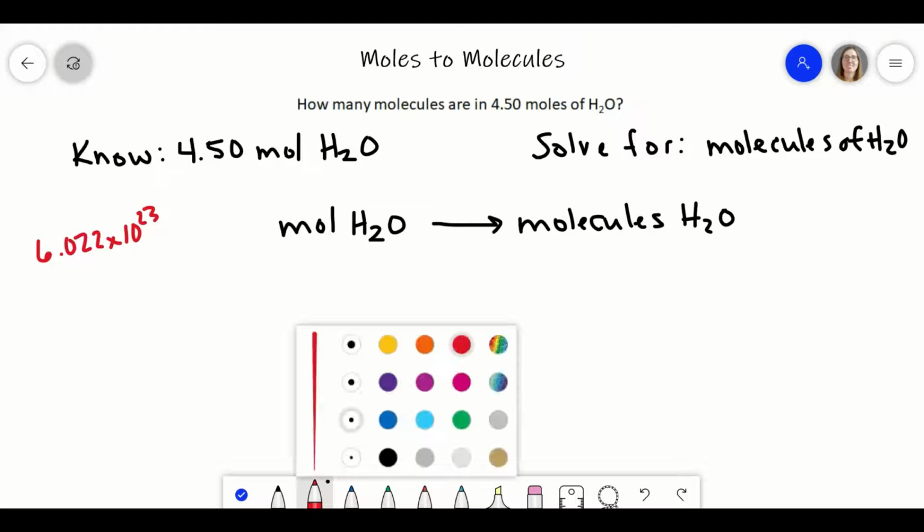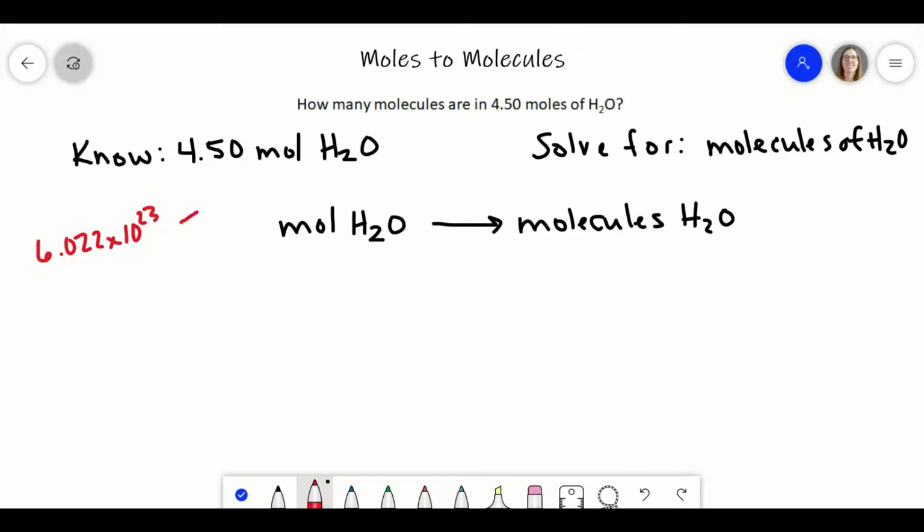Okay, so that is the number that we use to solve this sort of problem where we go from moles to molecules. So let's set it up and see what it looks like. So we'll start with what we know, the 4.50 moles of H2O.